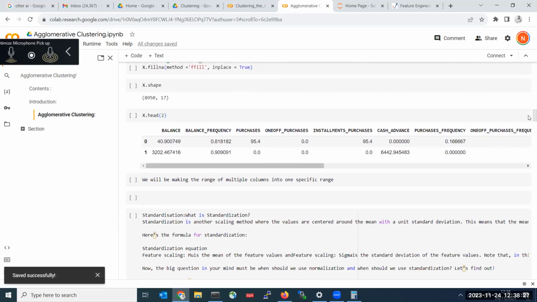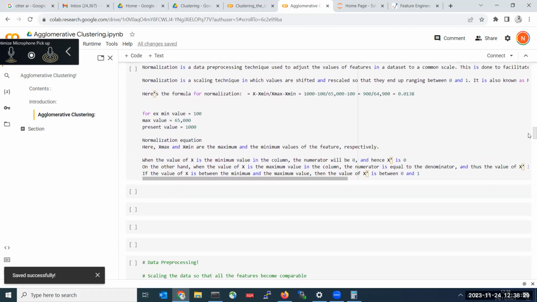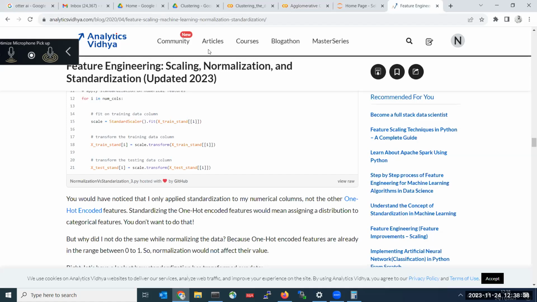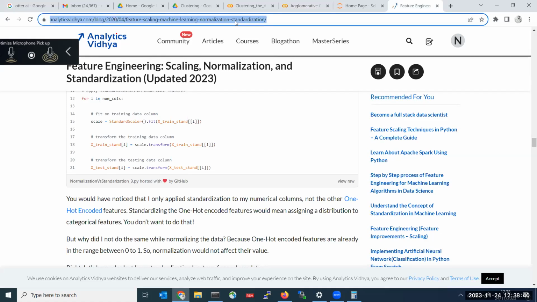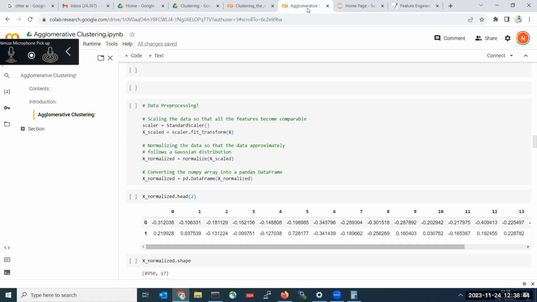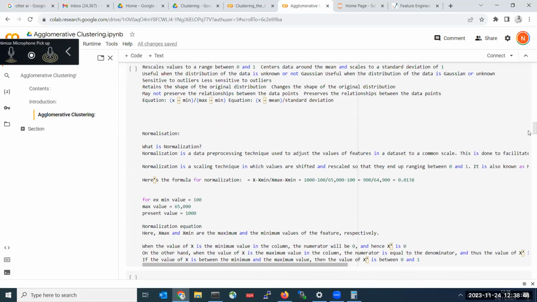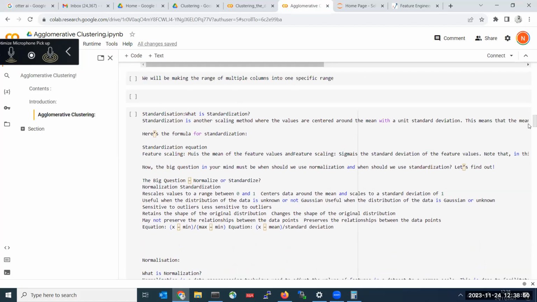So what I did, I imported libraries and I imported the CSV file. I applied standardization. What you can do, you just need to take this. I will send this link to you guys. I will be uploading that link in the Jupyter notebook. You can go through that and execute the code.